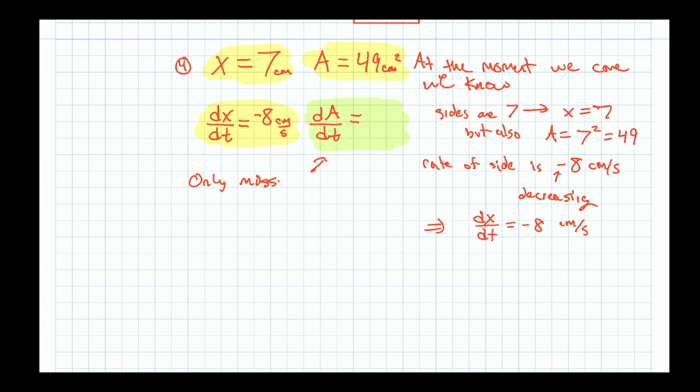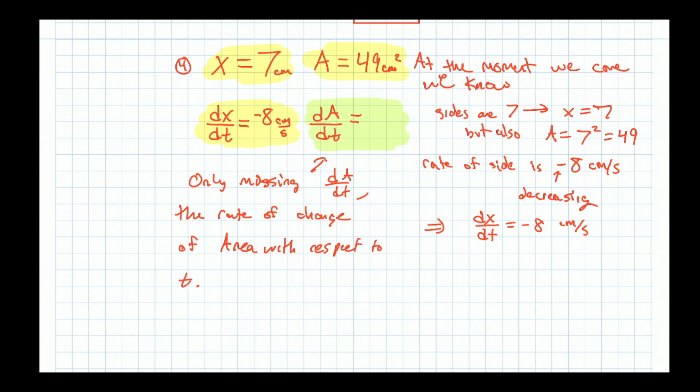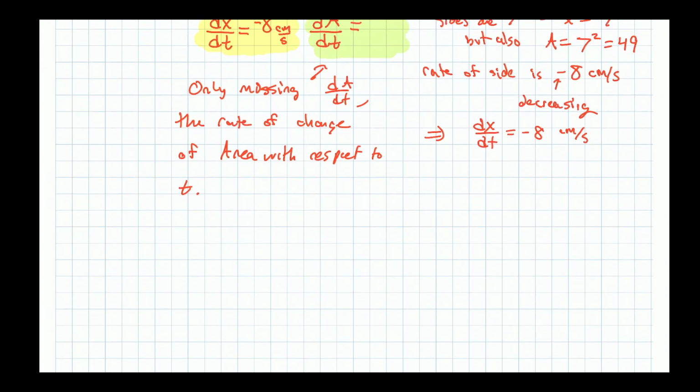Only missing dA/dt, which is the rate of change of area with respect to time. Which I'll write t. So do you see how this works? You write out everything you know, and you're going to be missing one thing, and then you find it. Now, I should caution you, though, sometimes you're missing more than one thing, and it doesn't matter that you're missing it. So if you're missing 2 things, maybe you just don't need it in your equation, and then it's fine.